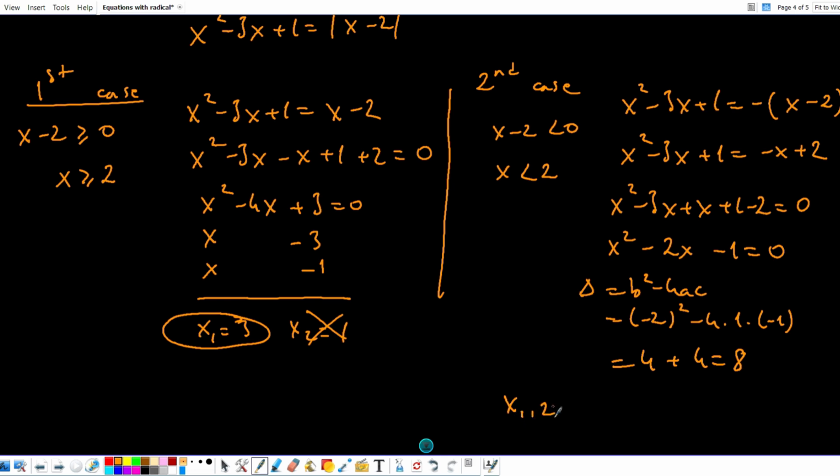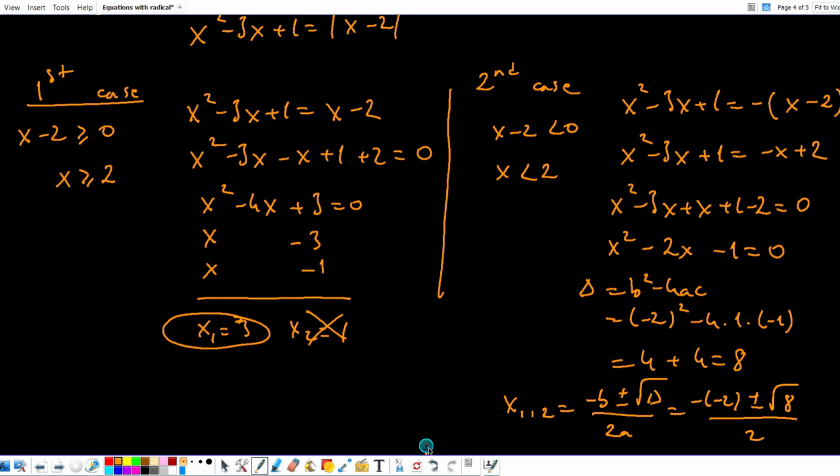So x1 and x2 from this case will be minus b plus or minus root of discriminant over 2a, which will be minus minus 2 plus or minus root of 8 over 2.